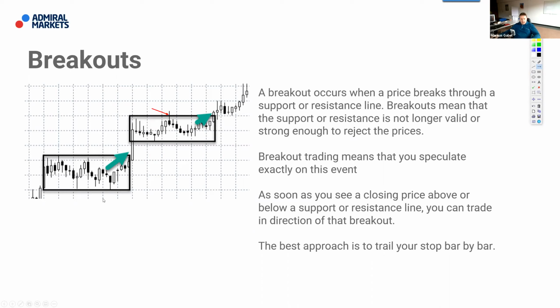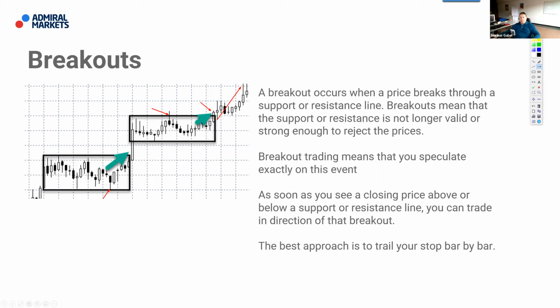This is not a closing price here. Here, that's a closing price. And you see the price went up. So as soon as you see the closing price, and here it's not important if you use normal Japanese candles or Heikin-Ashi, it doesn't matter. Wait for the close, and then you can trade in that direction.